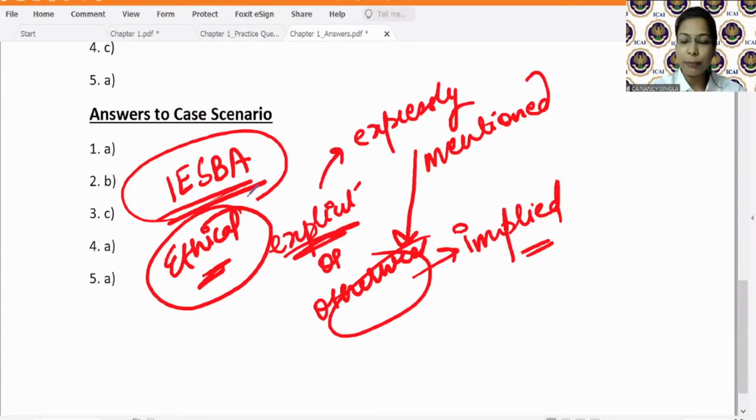The topic assertion I'll discuss in detail in chapter number 3. For the purpose of this chapter, the information that you needed, the discussion that was required, I have given to you. Please send in a reply whether everything is clear or not. And in case there is any doubt, you can always send a reply at the beginning of the session. In the first session for chapter number 3, I'll definitely take up all your doubts.